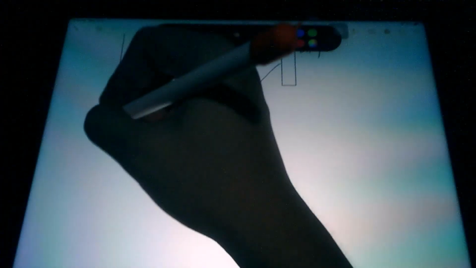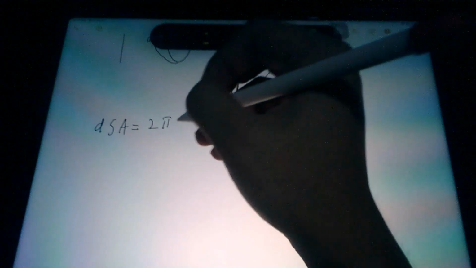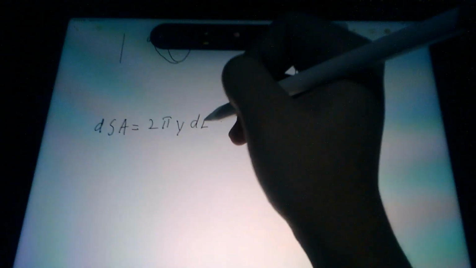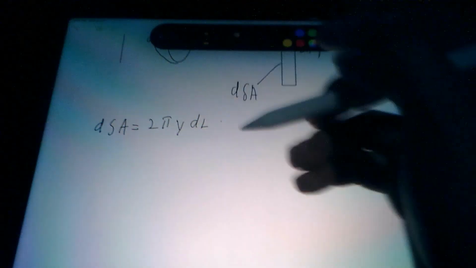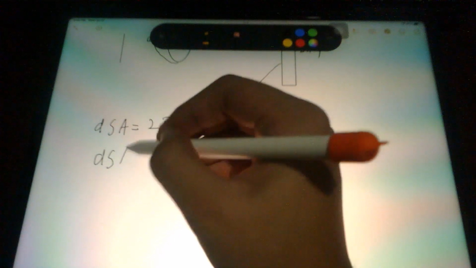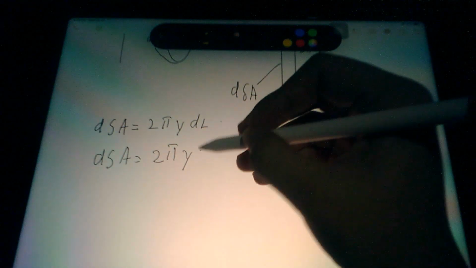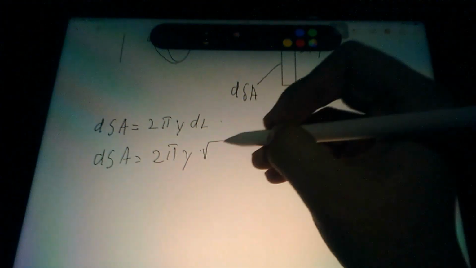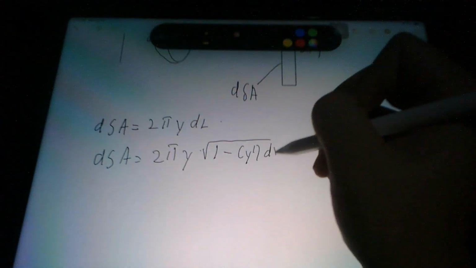So by deriving this, DSA is equal to 2 pi y DL. As you remember, our DL, the length of the curve, is equal to the square root of 1 plus y prime squared dx.